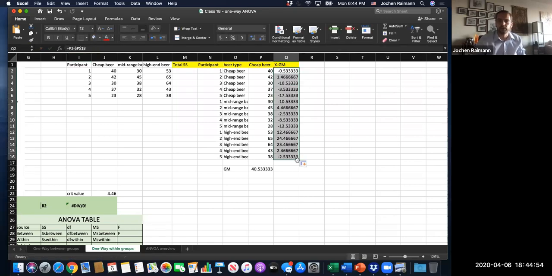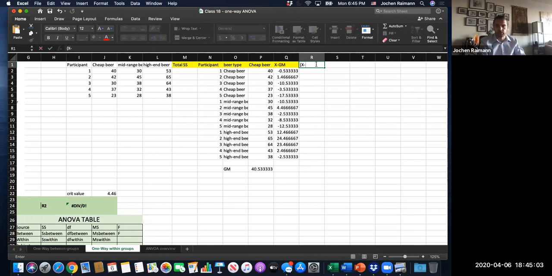Okay. So now we have this list of differences. And if we square this now, x minus GM squared, we're basically getting the squared deviations again, right?